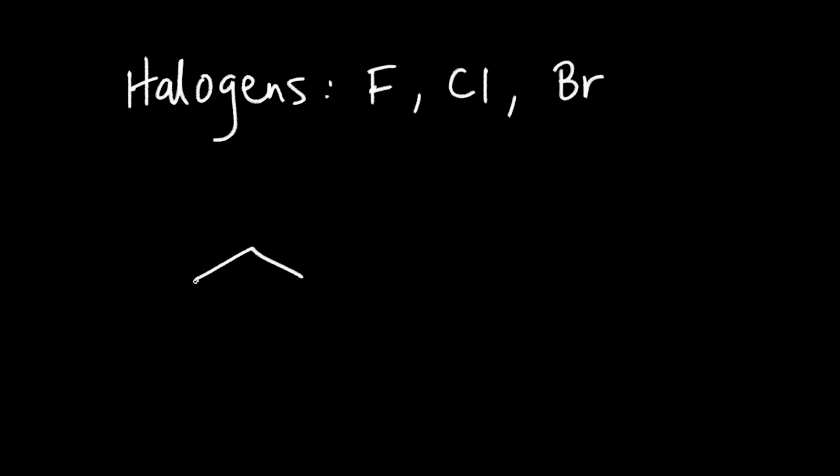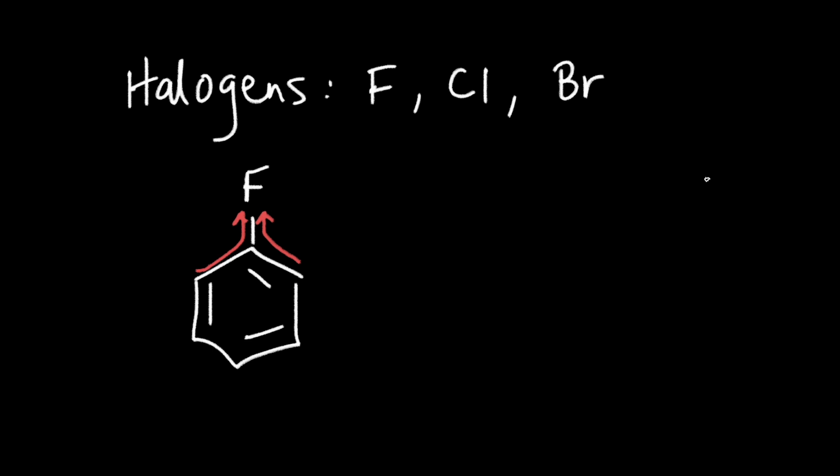So if we look at fluorine, so fluorine is a very electronegative element, so it's going to withdraw electron density out of the ring by an inductive effect through the sigma bonds. So this deactivates the ring, makes it less reactive towards electrophiles.